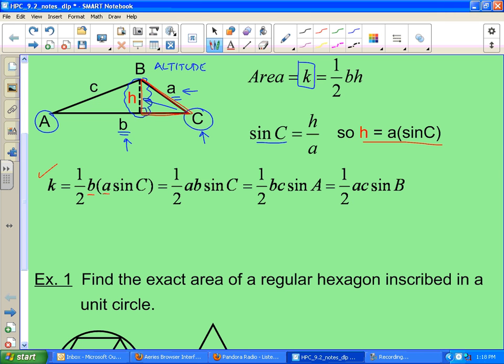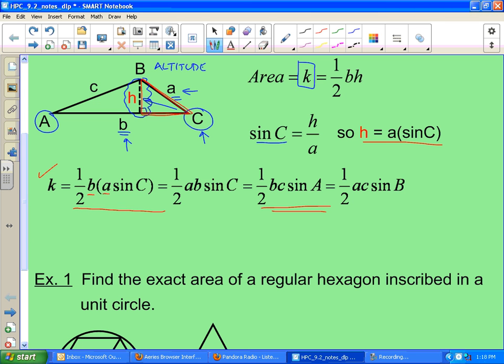In this first example right here, I know angle C, and that means I've been given a side B and a side A. That stuff would have to be known in order for me to set that part up. In the second one, this one over here, I have angle A, which means I would need C and B as my included sides.